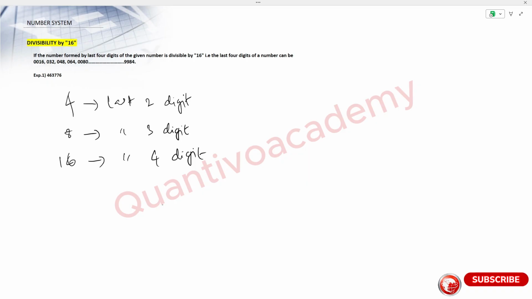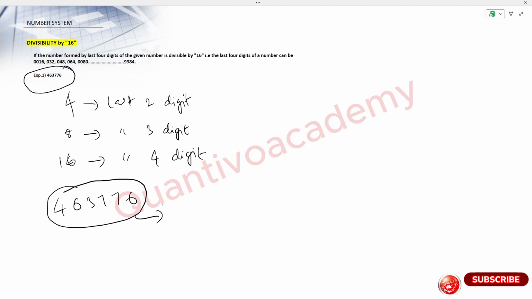We have to check the last four digits. Now this is the question that you have to solve, and tell me in the comment section whether this number is perfectly divisible by 16 or not.